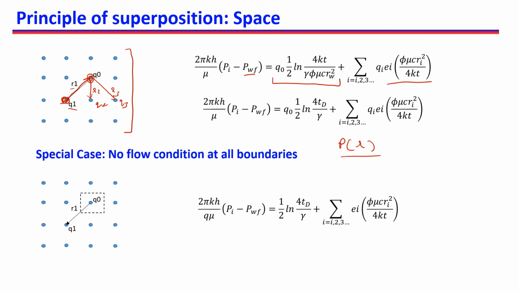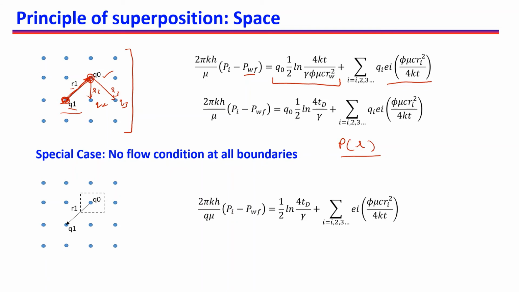If we do not consider this 0th well and only consider this well 1, then the pressure drop due to well 1 at position R1 from the well will be Q1 Ei of phi mu c R1 squared divided by 4 kT. So we are using the exponential integral here.